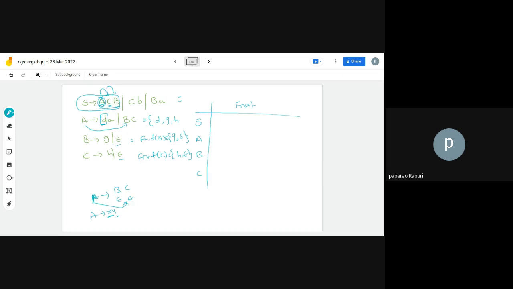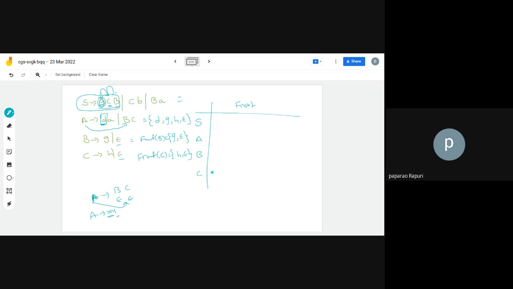So we need to add epsilon. So first of A is D comma G comma H comma epsilon.